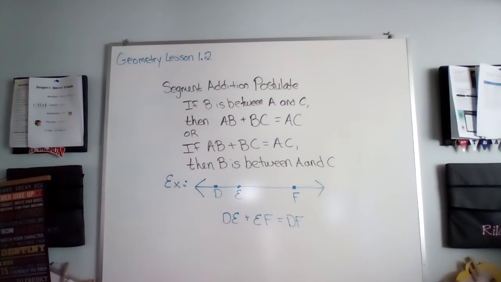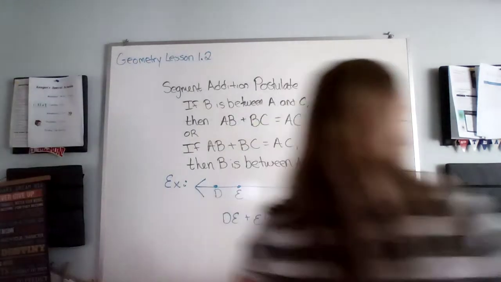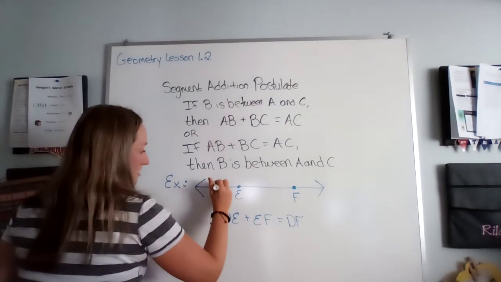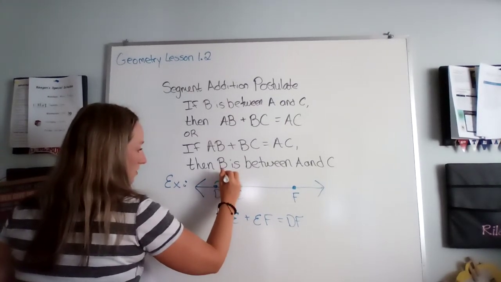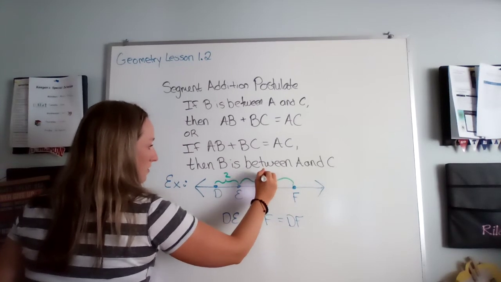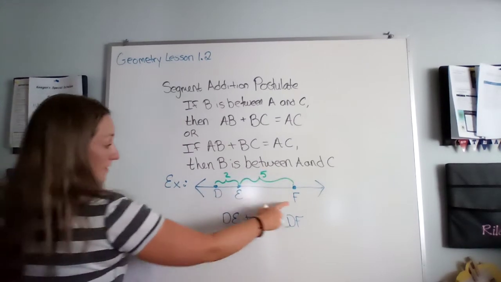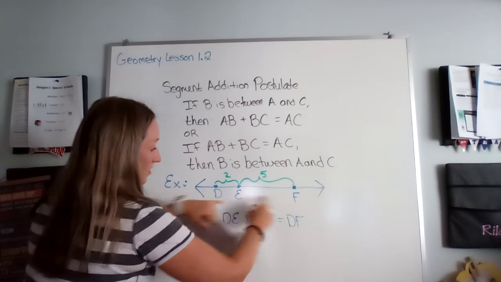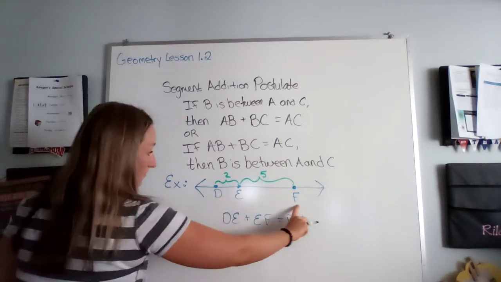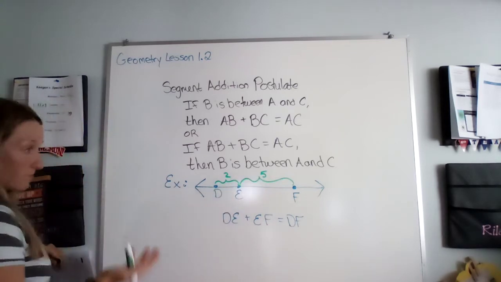Okay, and then I could use numbers to illustrate this even more, right? If I say that this is 2 units long, and this is 5 units long, okay, well, if this is 2 and this segment here is 5 units long, then what's the distance from D to F? We should just add them together and get 7.